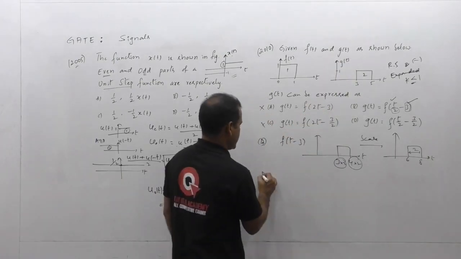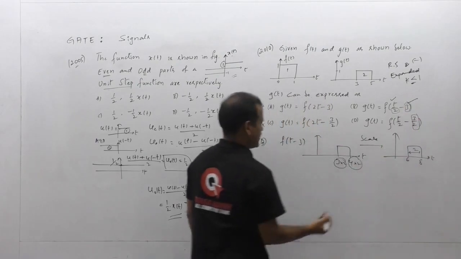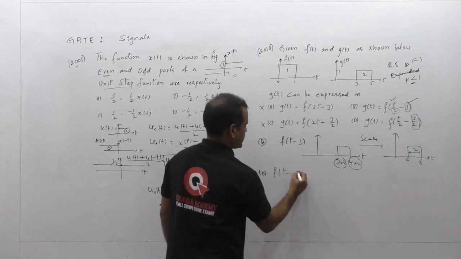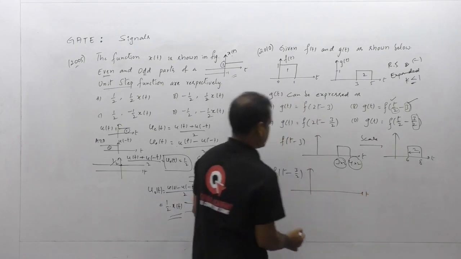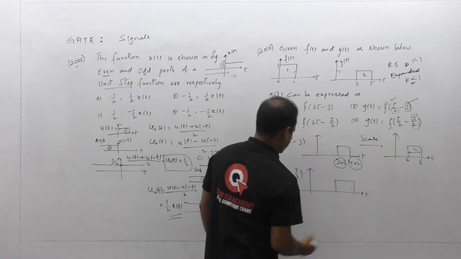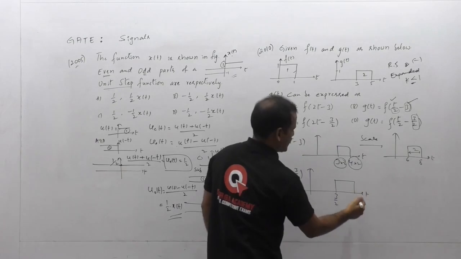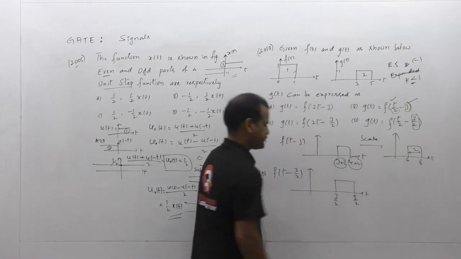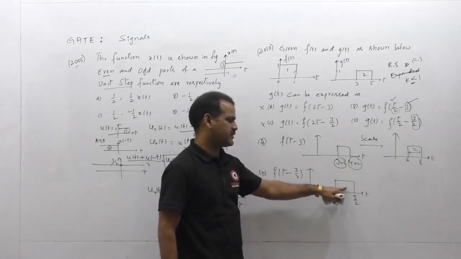Similarly, let us verify option D. In this, first we shift by 3 by 2, a right shift. F of t minus 3 by 2 will be plotted first. Then this signal is right shifted by 3 by 2, so starting from 3 by 2 and 3 by 2 plus 1, it is 5 by 2. After shifting the given signal by 3 by 2 we get this signal.